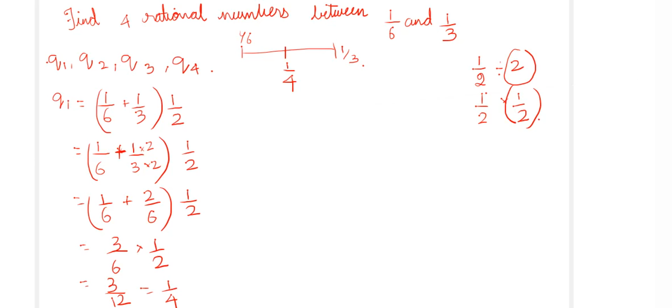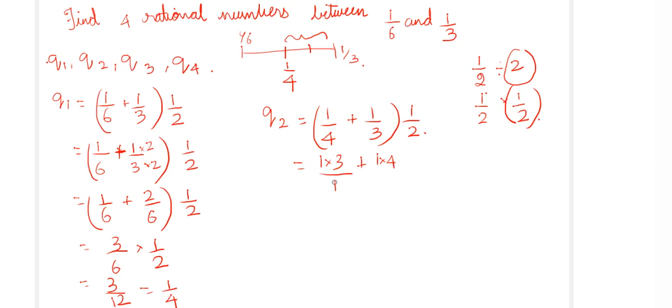Now for the next term, Q2, I'm going to find the number between 1 by 4 and 1 by 3. So it is 1 by 4 plus 1 by 3, into 1 by 2. Now 1 into 3 plus 1 into 4 by 12, into 1 by 2.